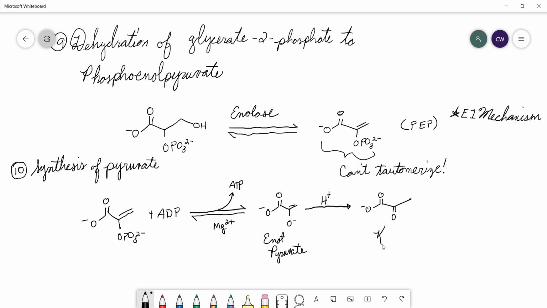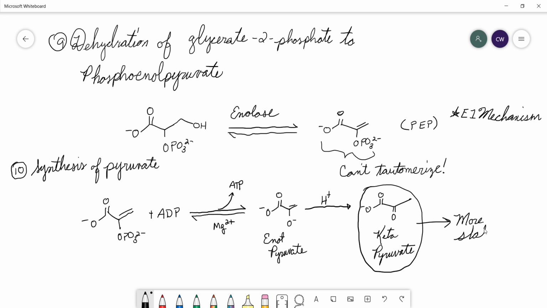This is keto pyruvate. This is the more stable form.